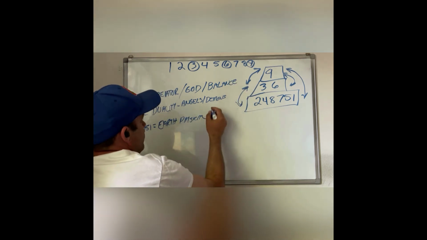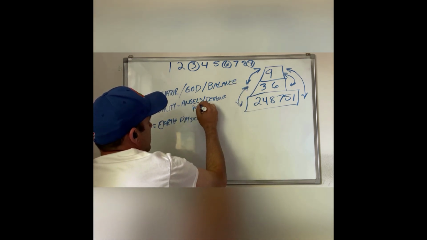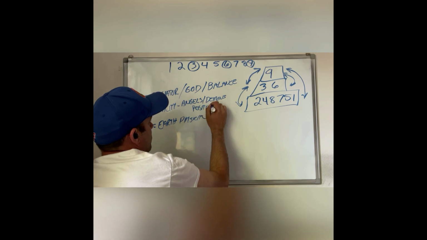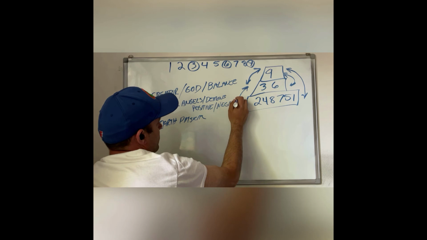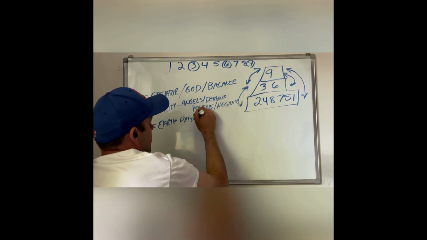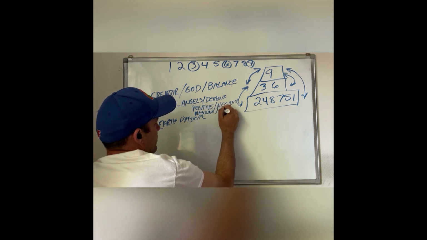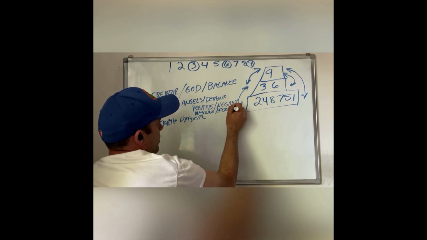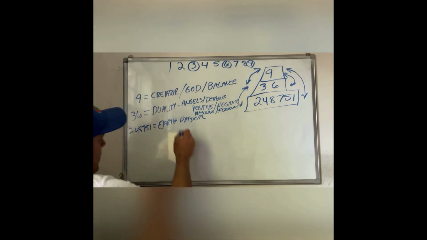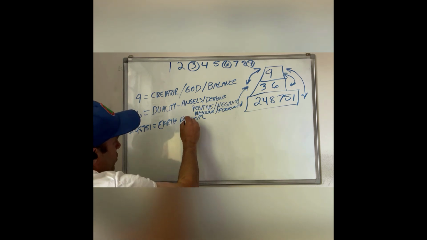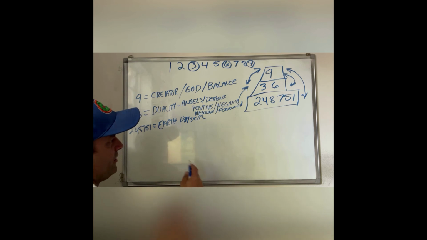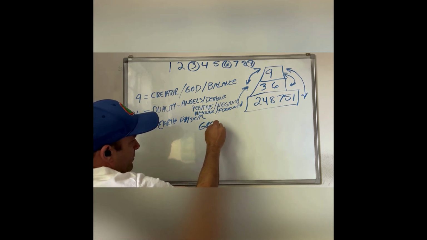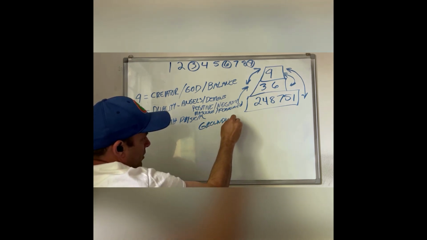And then 3 and 6 can be positive and negative energy, right? Or masculine and feminine energy, right? And then this is self-explanatory. Physical world, humans, right? Or grounding, right? You can do grounding. Okay.